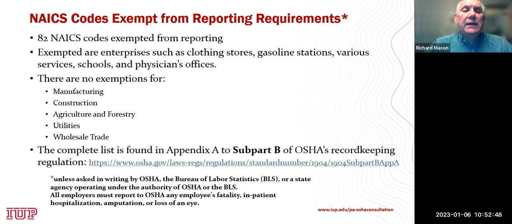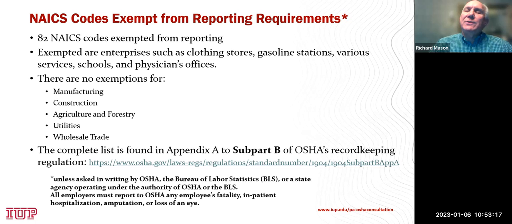Exempted organizations tend to be small businesses, clothing stores, gasoline stations, various kinds of services, schools, physicians' offices, dentist offices. So exemptions are low hazard, low volume, usually small types of enterprises. Okay, so if you're a manufacturer, don't bother looking. All the 3,000 codes, which are the manufacturing codes, are covered.